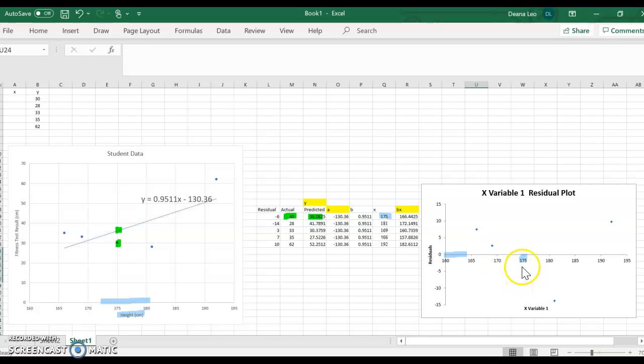If you look here, you can see that the person with a height of 175 centimeters has a plot on them at -6. So this person's residual was -6, meaning their actual outcome was less than what was predicted for someone of their height.